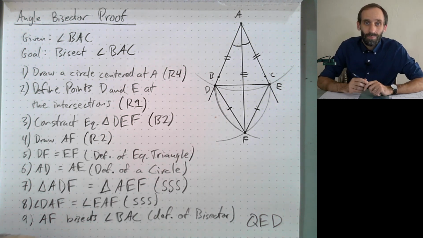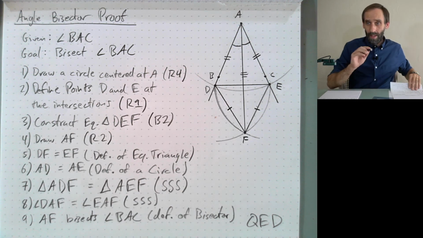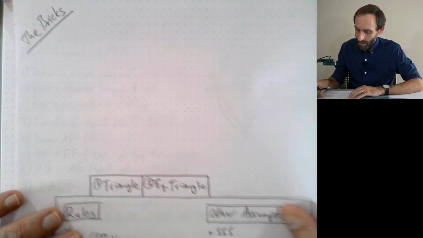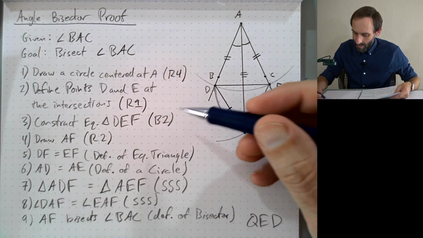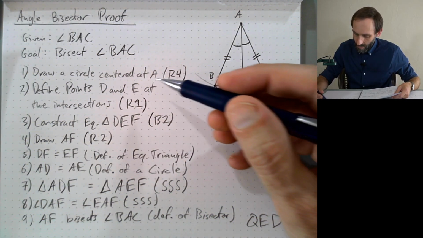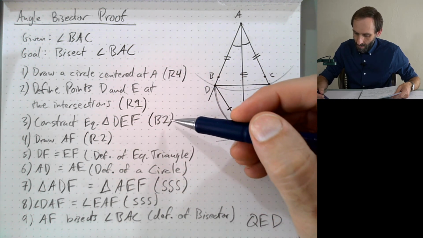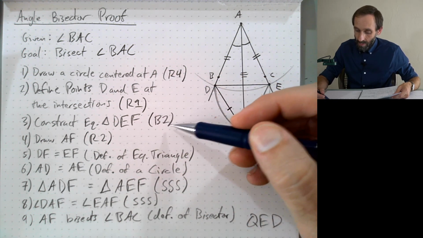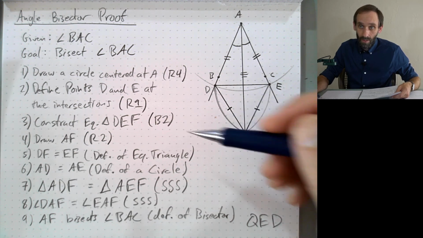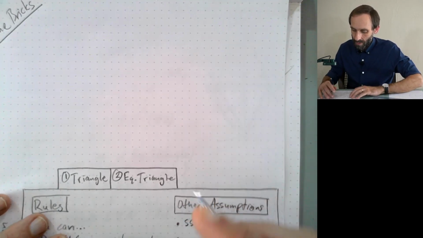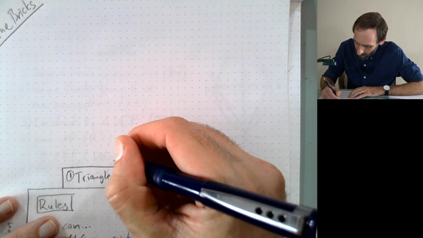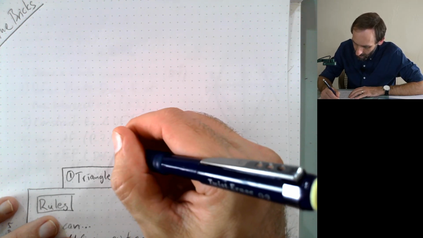Okay, so let's go ahead and add a brick before we wrap up this video. We used brick number 2, the construction of the equilateral triangle, in this proof. So this proof depends on the construction of the equilateral triangle, and I'm going to build it on top of there.